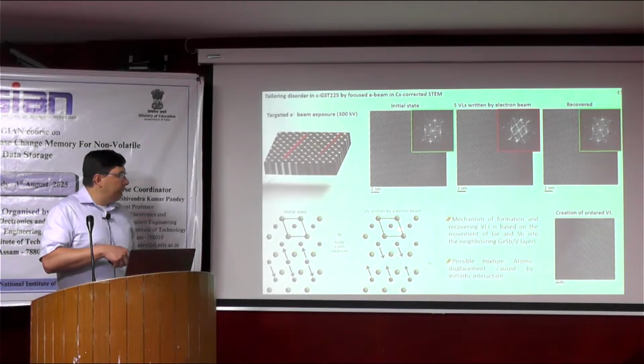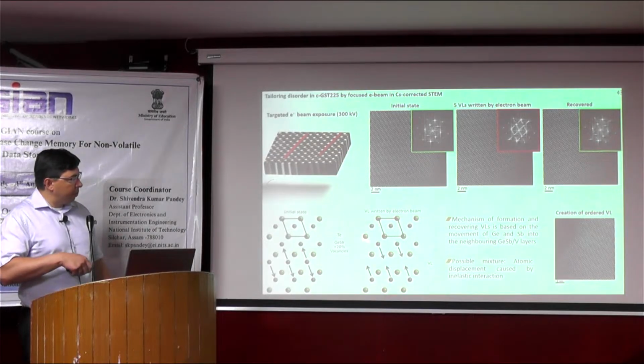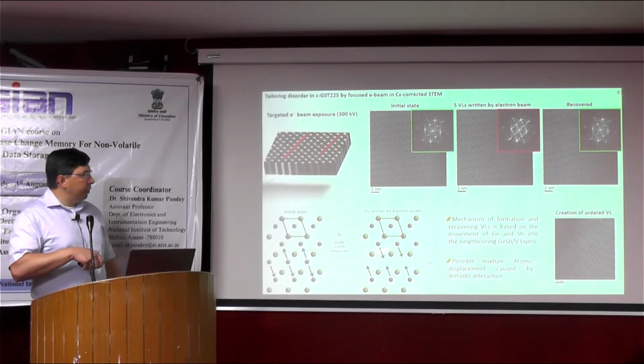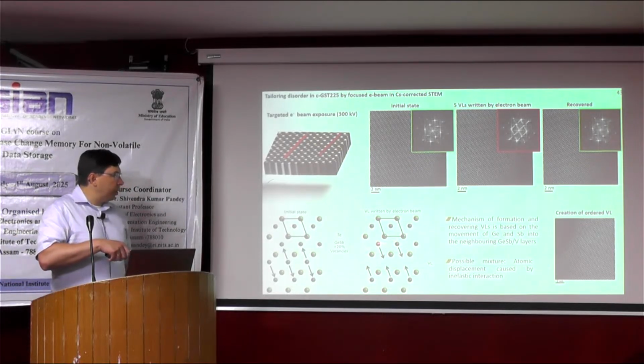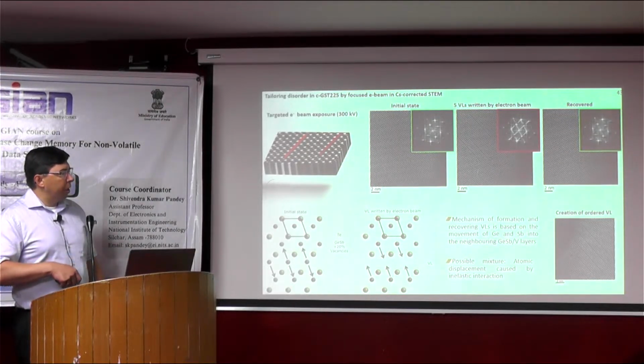Then if we again irradiate this structure by a broad electron beam, we again induce some heating effects in these layers, and the cations move back to the vacancy layers.